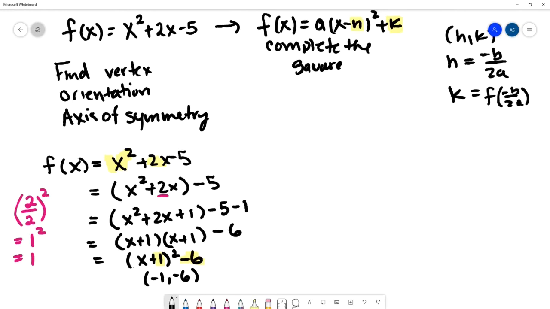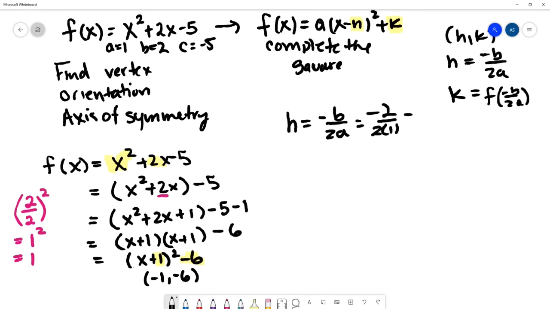Another way to get the vertex would be using that vertex formula. Using the vertex formula, a is 1, b is 2, and c is negative 5. So h is negative b over 2a. That's negative 2 over 2 times 1. Negative 2 over 2 is negative 1. Then we're going to find k by plugging that h into our function.